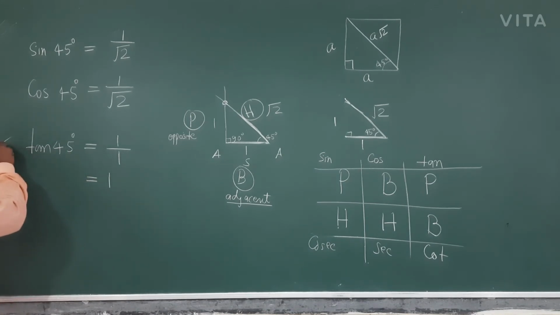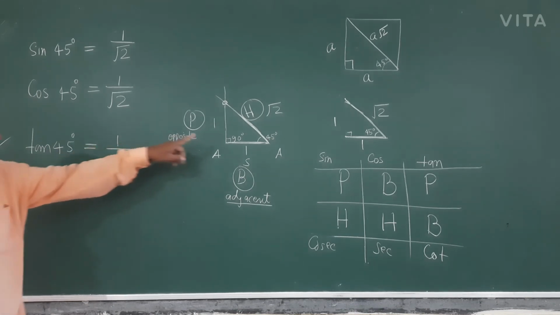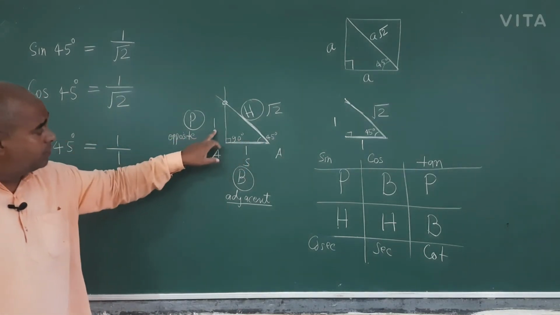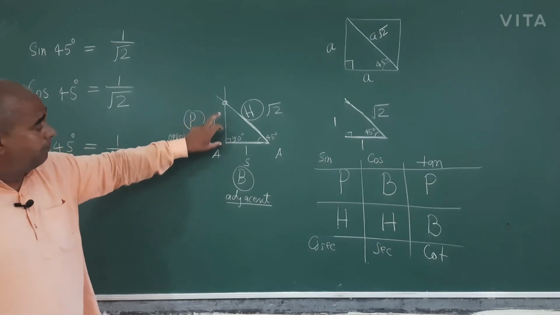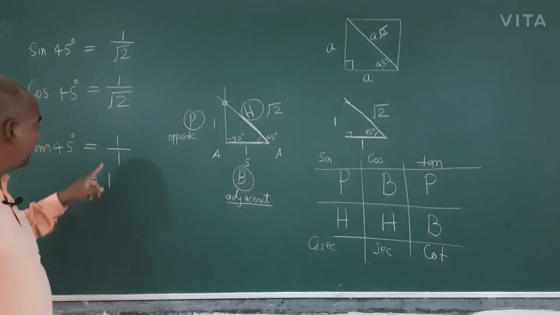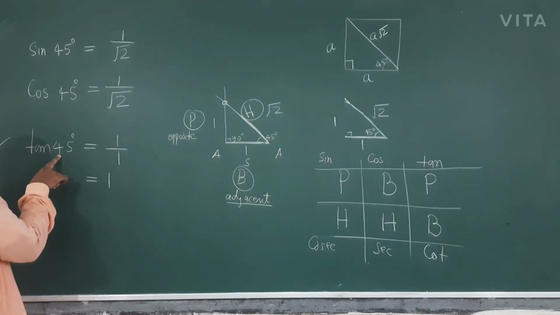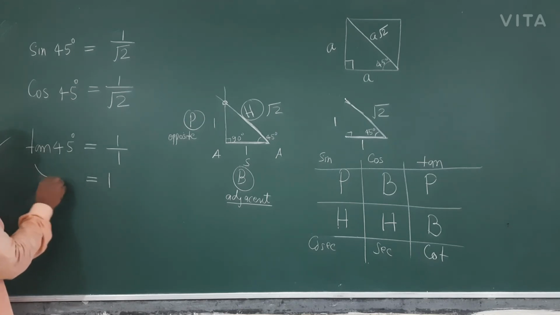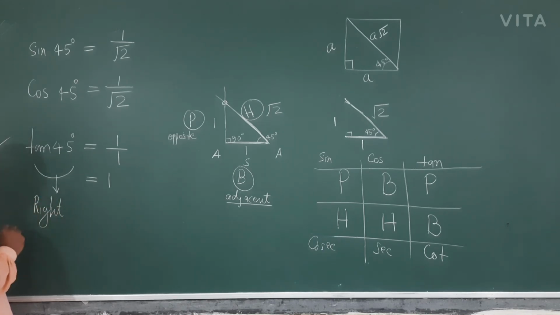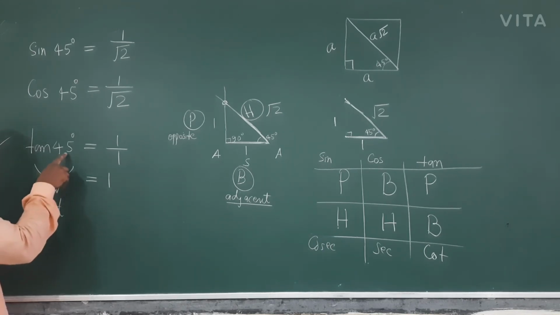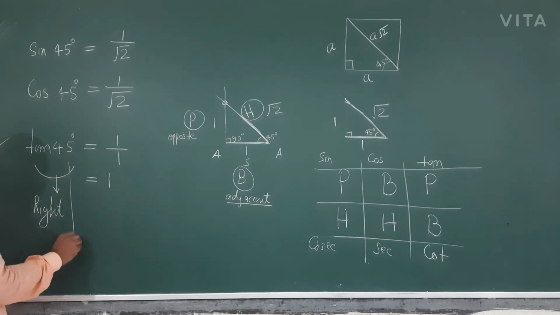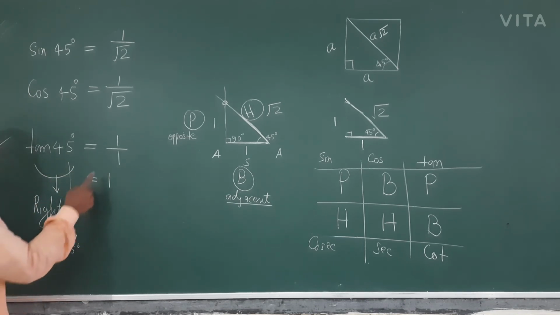This is the definition. In any right angle triangle, if one angle is 45, these two sides, perpendicular and base, will be equal. That is why it is written in mathematical form. Trigonometric ratios are defined for a right angle triangle. For 45, the sides will be equal, 1 upon 1.